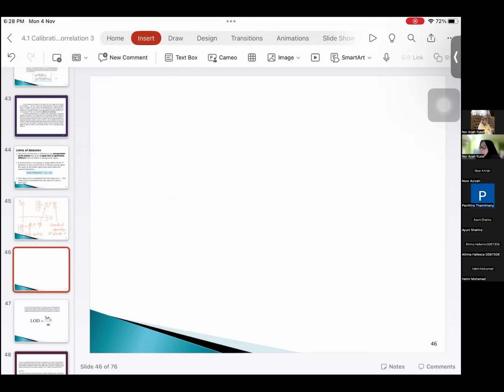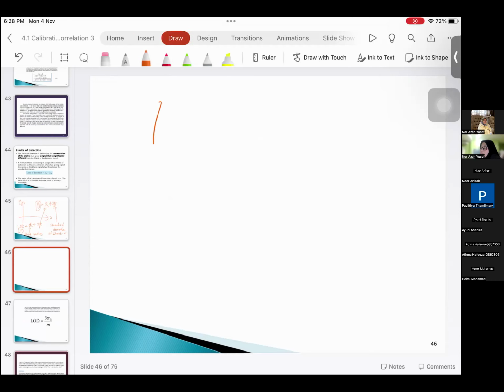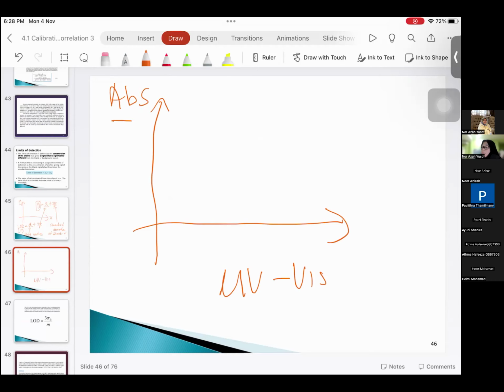Okay, let me have another slide. Let's say I'm using a UV spectrophotometer. So the Y will be absorbance, right? It can be reflectance, it can be transmittance, depending on the signal that you are generating from the measurement. So X is usually concentration.